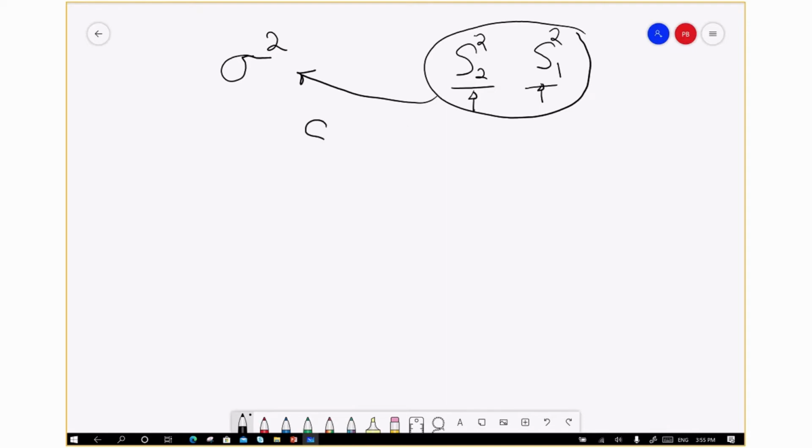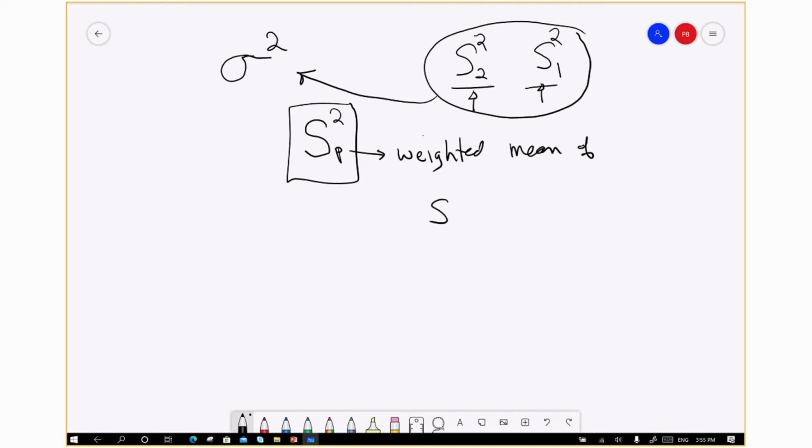We're going to refer to that pooled estimate of the variance as that. So how are we going to calculate that? Well, it's going to be a weighted mean of the two sample variances, the variance of the second sample and the variance of the first sample.